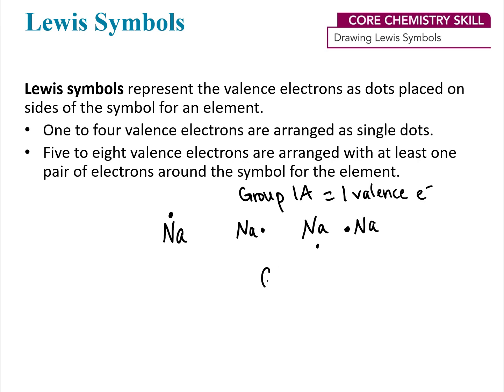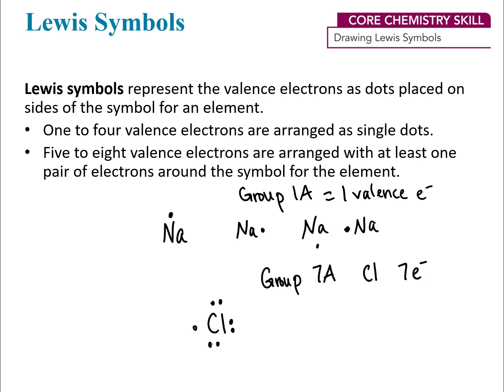But let's say that we had something from group 7A, like chlorine. That means that you have 7 valence electrons. So you're going to write the symbol for chlorine, and then you place them. That's only 4. So you have to pair up until you get to 7.